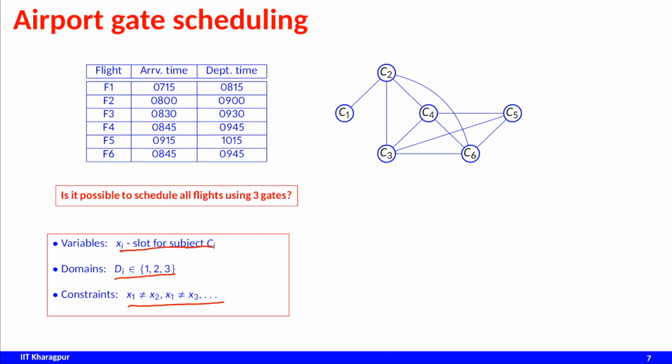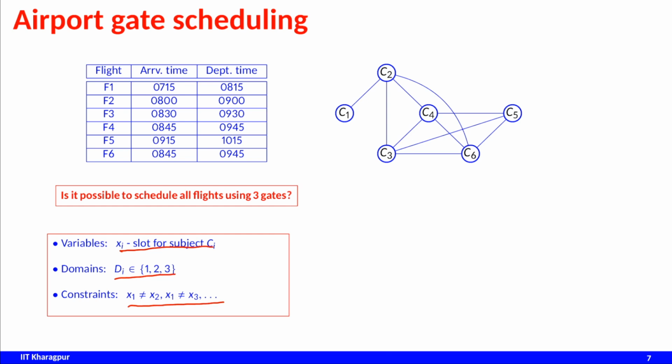One thing I would like to highlight here is that this problem appears to be a graph coloring problem, as we have seen for examination scheduling, and graph coloring is a well-known NP-complete problem. So there is no known polynomial time algorithm that can find a solution quickly.